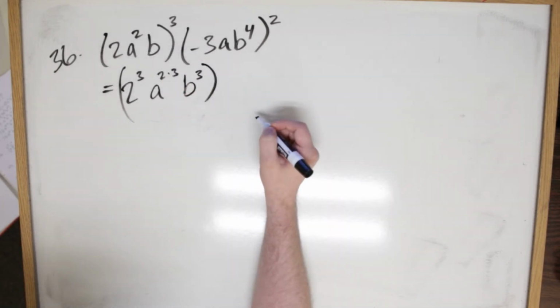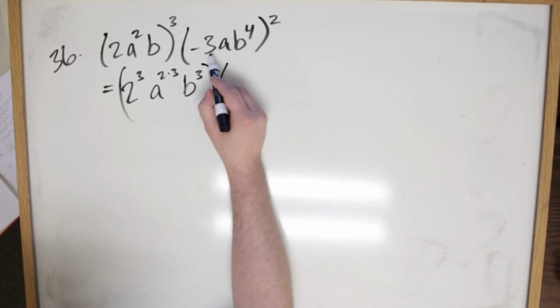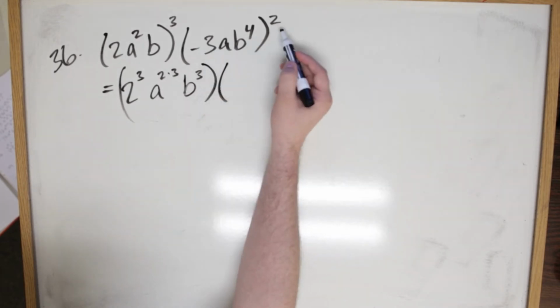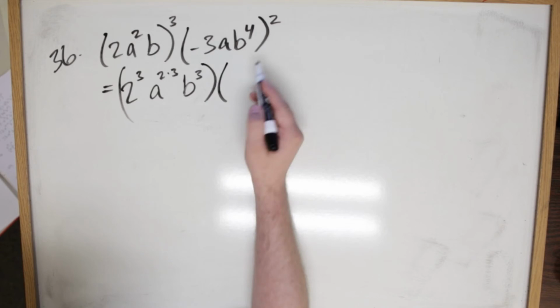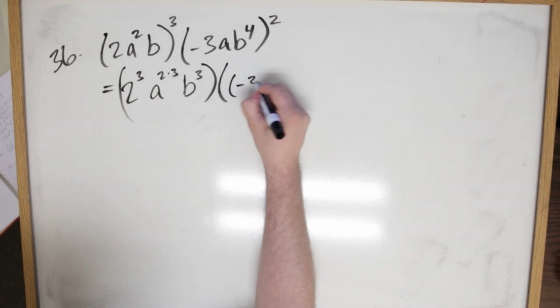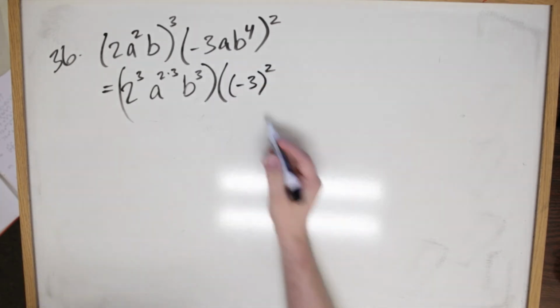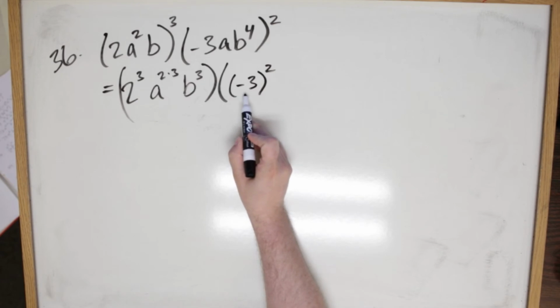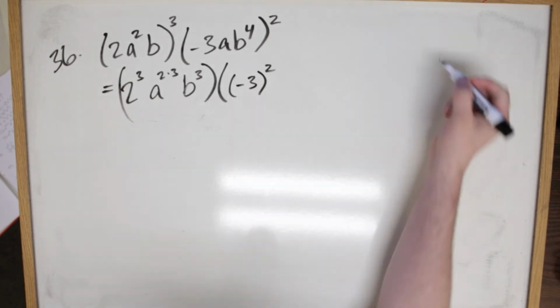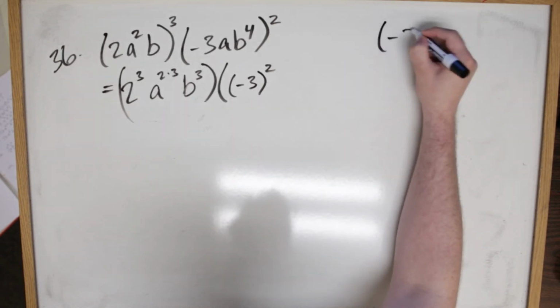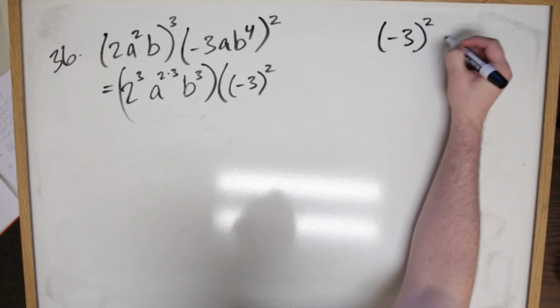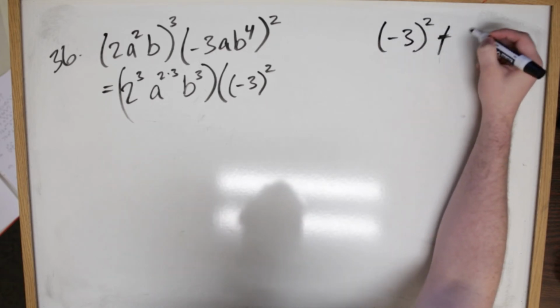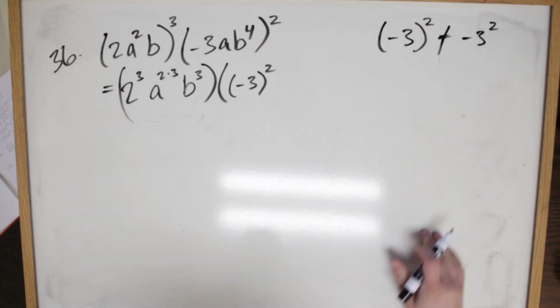Okay? And now we are going to multiply the second piece. Same idea. The minus 3 is being raised to the 2nd power. Okay? So don't forget, this is different than, so let me write it down because it sounds exactly the same if I were to say it. This is not the same as minus 3 squared. Okay?